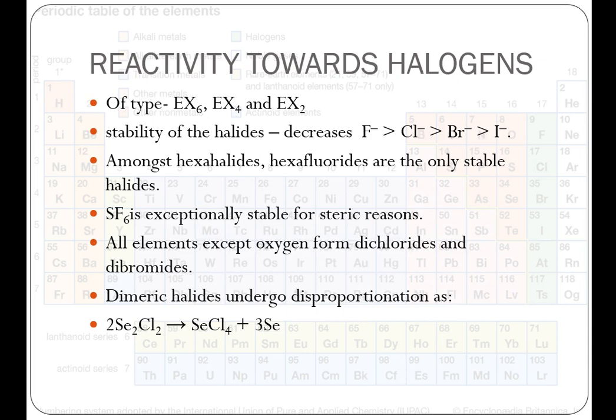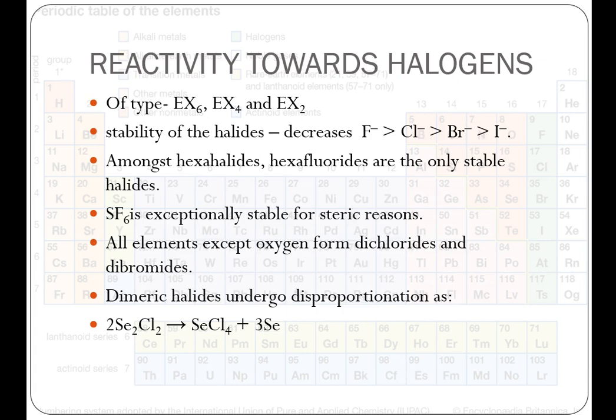Among hexahalides, hexafluorides are the only stable halides. SF6 is exceptionally stable because 6 fluorine atoms surround the sulfur.